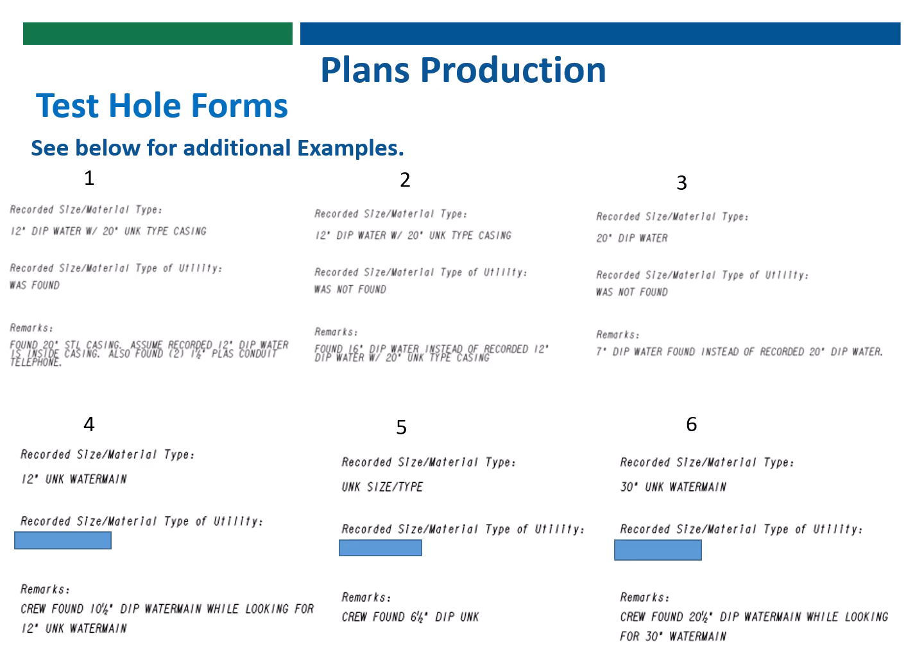Number four, the target was a 12-inch unknown water main. The remarks state that the crews found a 10.5-inch ductile iron pipe water main while looking for the 12-inch unknown water main. The result was that it was not found due to the difference in size between the target and what was found out in the field.